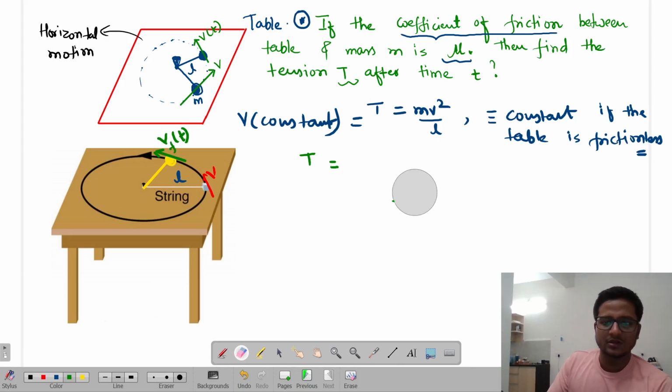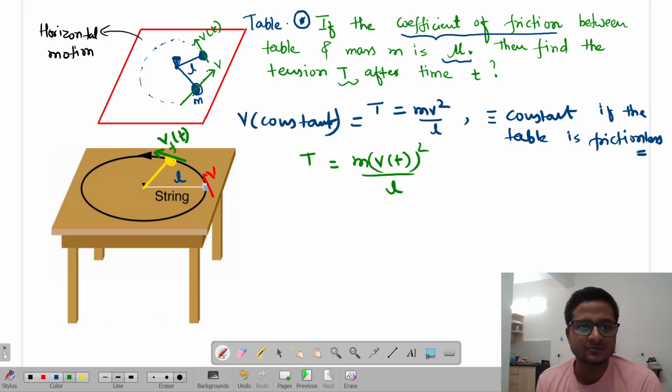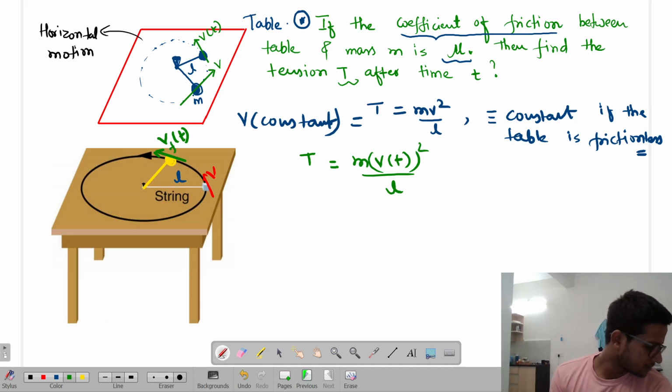Understood or not? Is this clear? Divided by length L. So the task is to find this V final T. Understood? You have to find the V final T or not?